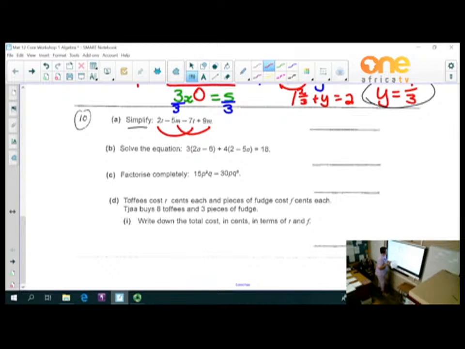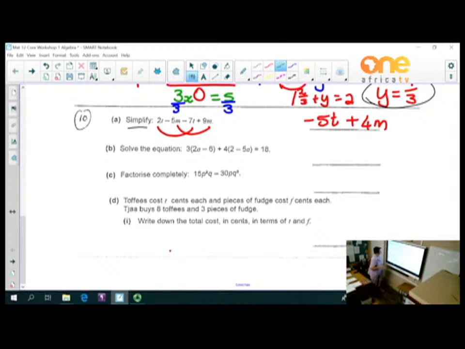So again, do it on your calculator. 2 minus 7 is equal to negative 5t. Here, negative 5 plus 9 is equal to positive 4m.